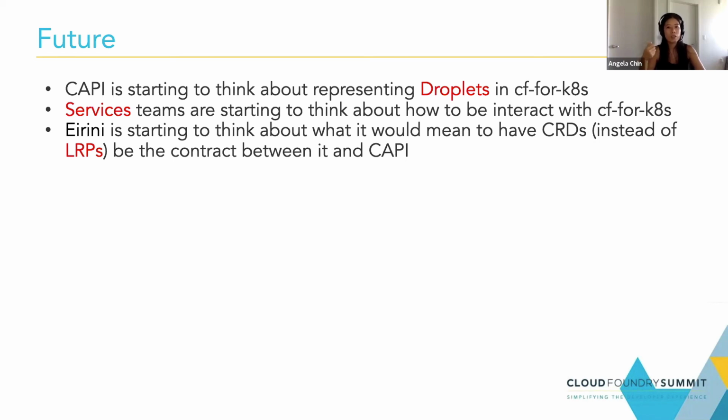Services teams are looking at what it would mean to actually have services represented as custom resource definitions, and in fact are looking at even using existing projects running on Kubernetes, such as service catalog, as a means of doing so. And then lastly, Irene has started to look at what it would mean to shift the contract between itself and CAPI to be one using CRDs instead of the current model where we have an OPI layer to deal with LRPs.